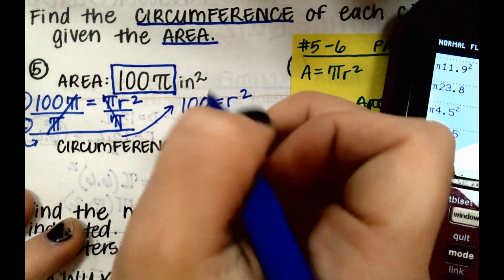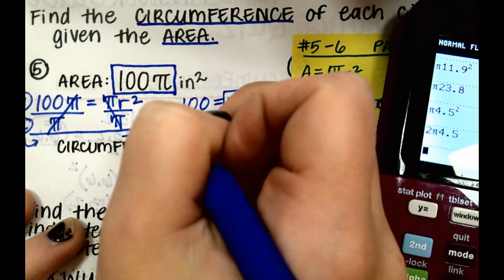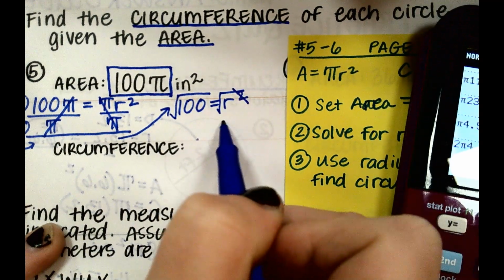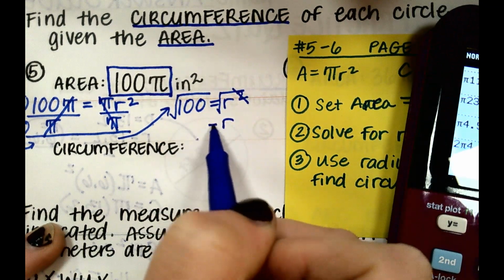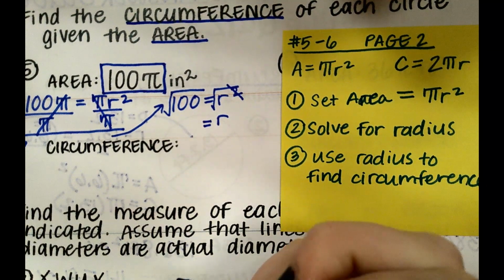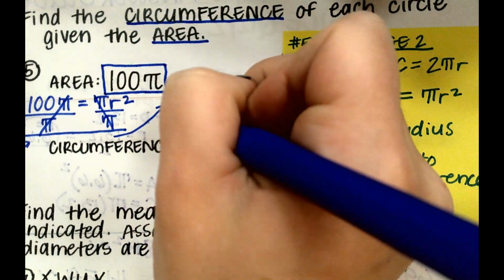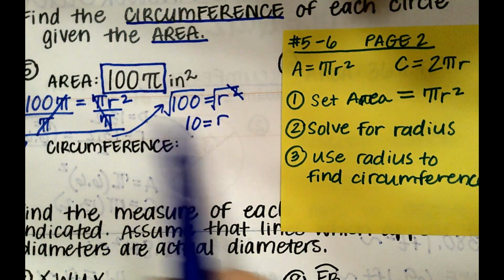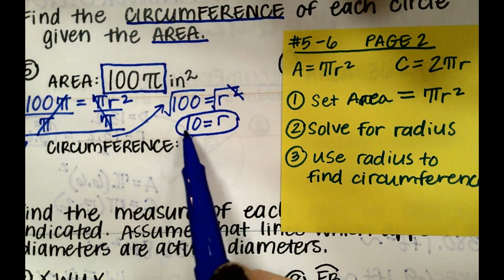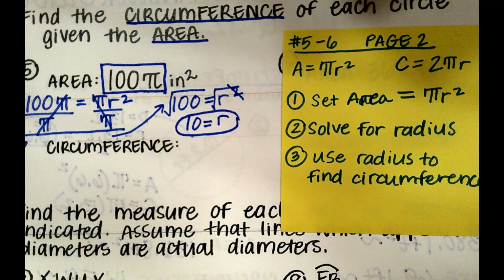So we're going to square root both sides. And that will give us r by itself equals, and what's the square root of 100? 10. Okay, so step 2 is done. I know that my radius is 10 inches.